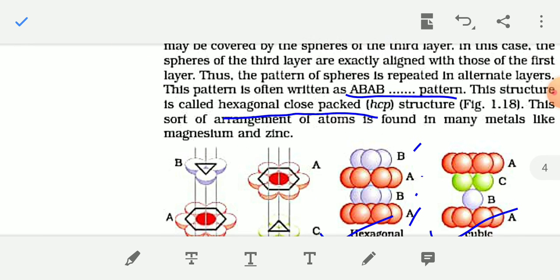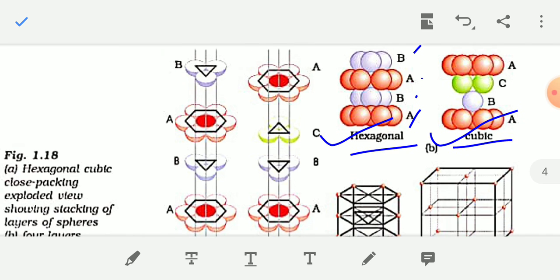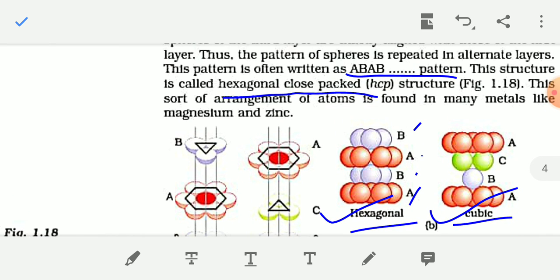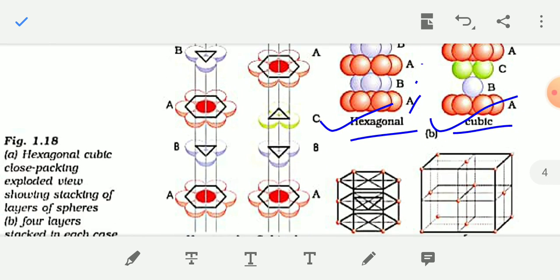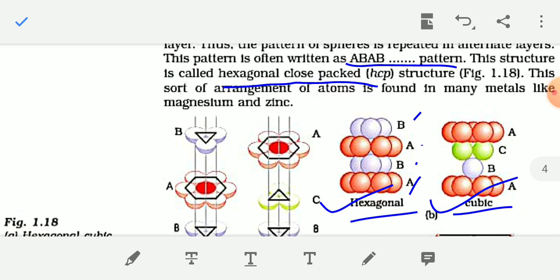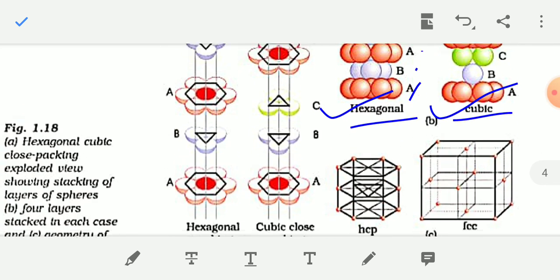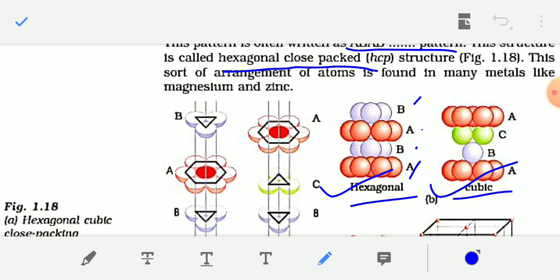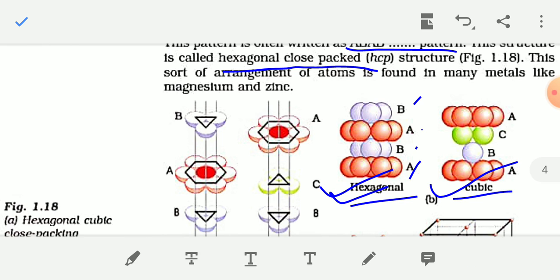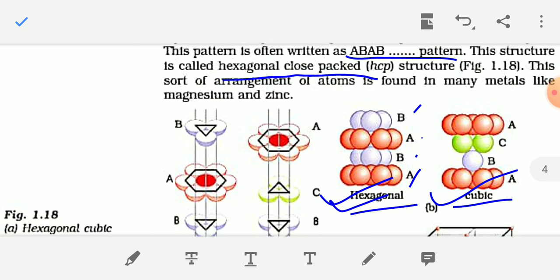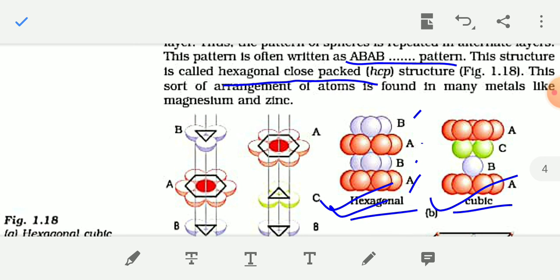In this arrangement each particle is directly attached to 12 particles. It is not easy to show the arrangement in two dimensions, and the actual arrangement in three-dimensional hexagonal close packing looks like this. This type of arrangement of atoms is found in many metals like magnesium and zinc.